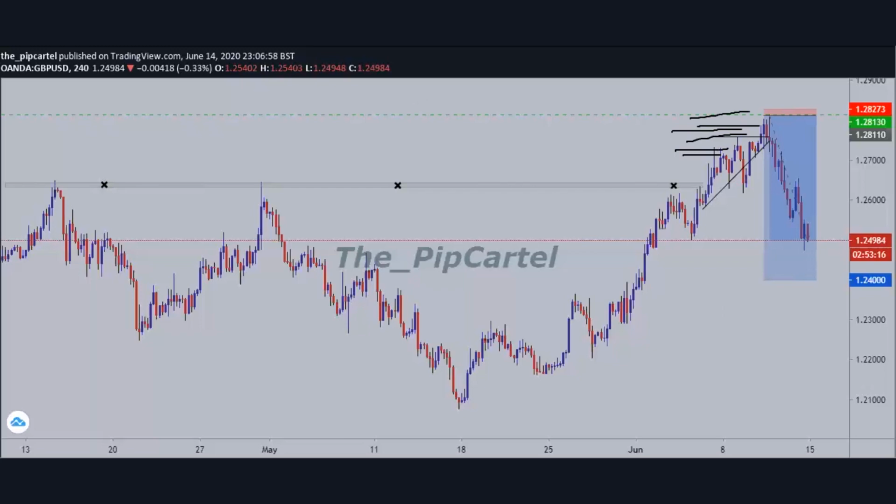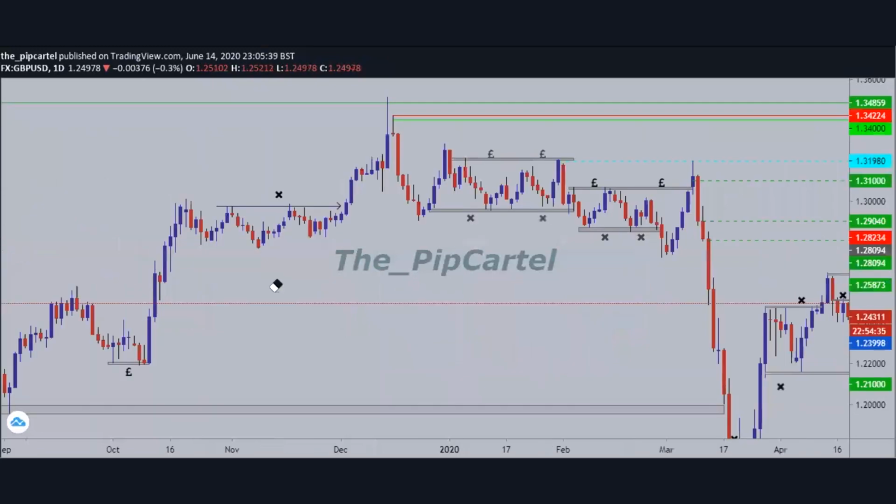Let's see. Okay, this was also on sterling. This was around November, December 2019, right? So see, bullish move. Okay, this correction, whatever you call it, rectangle pattern, right?